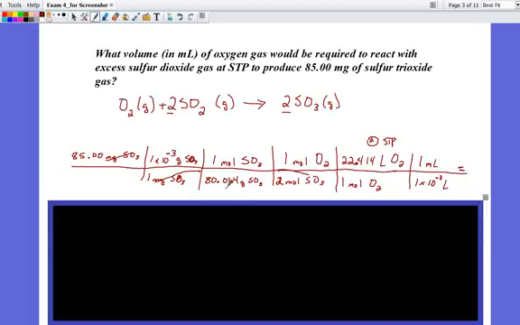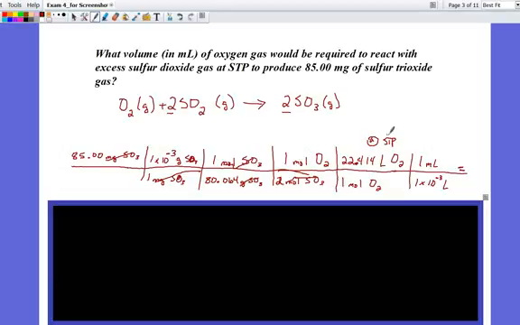So the grams part goes on the bottom once you calculate that, and you'll end up with moles of SO3. And since you have a balanced chemical equation for your reaction, your moles of SO3 can be used to convert to moles of oxygen. So the coefficient of 2 moles of SO3 to 1 mole of O2.